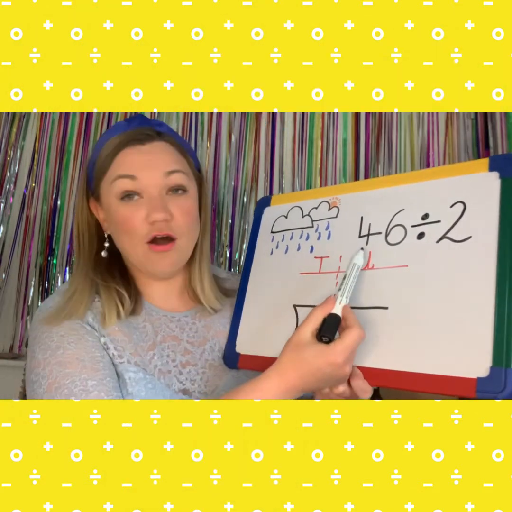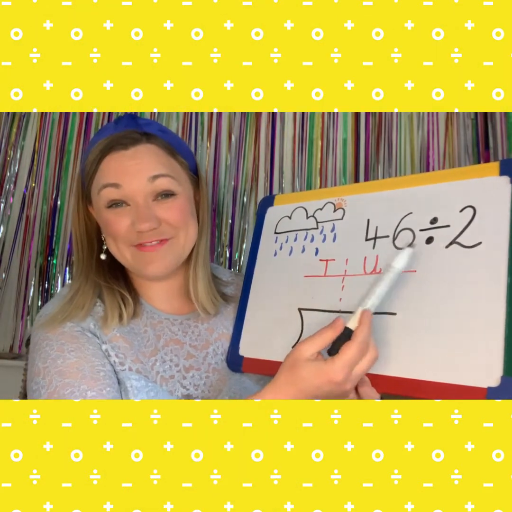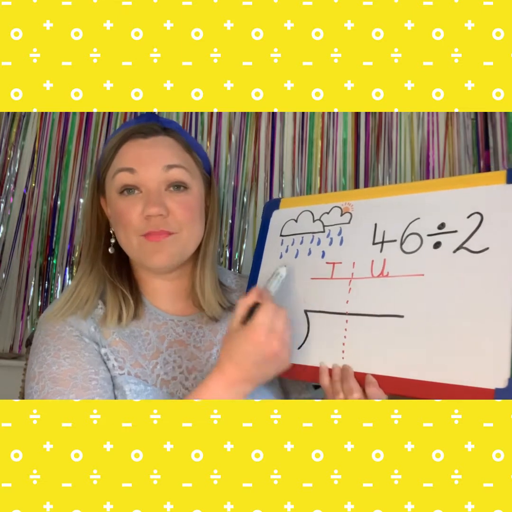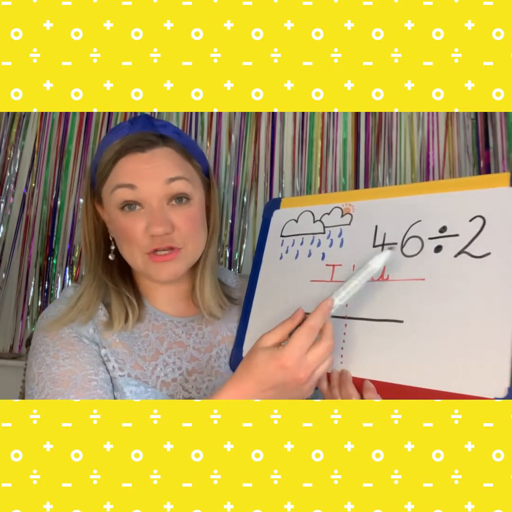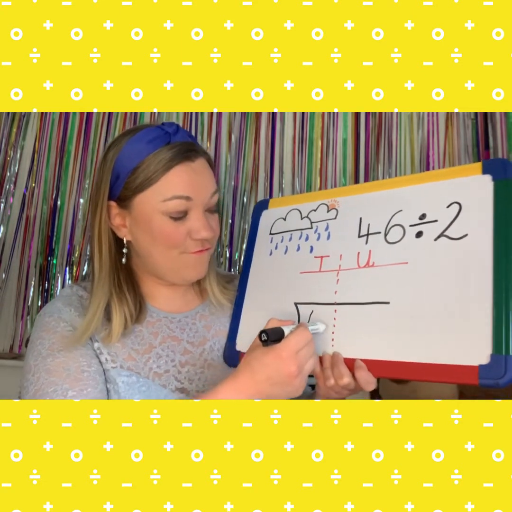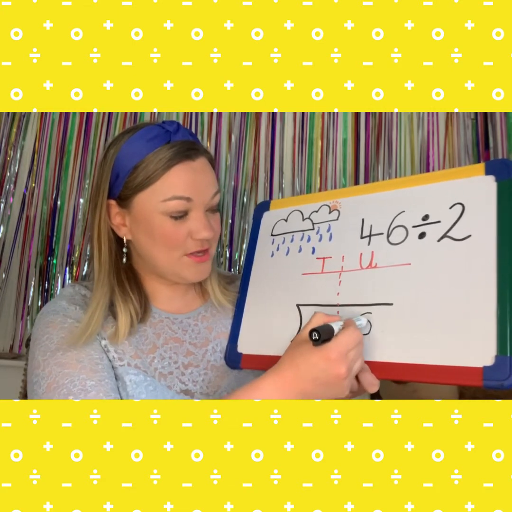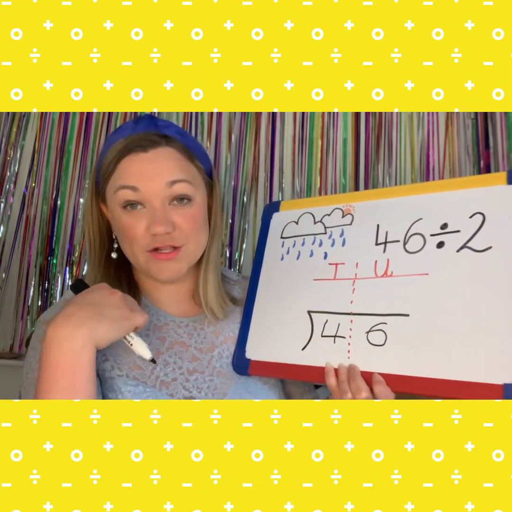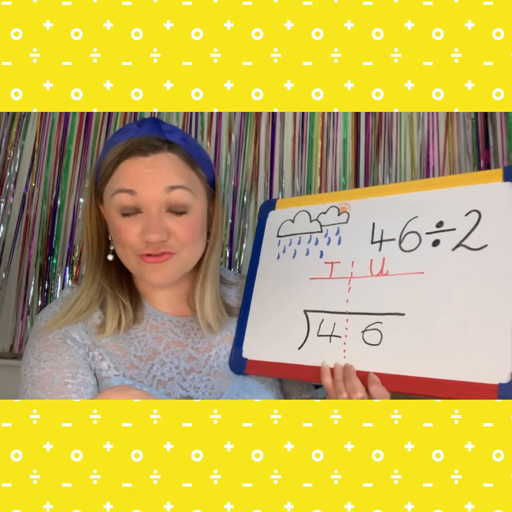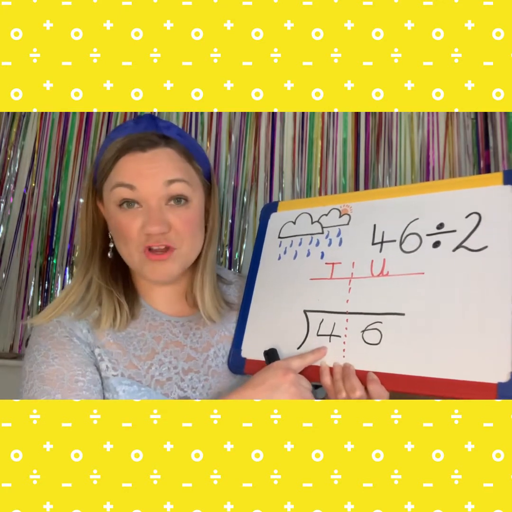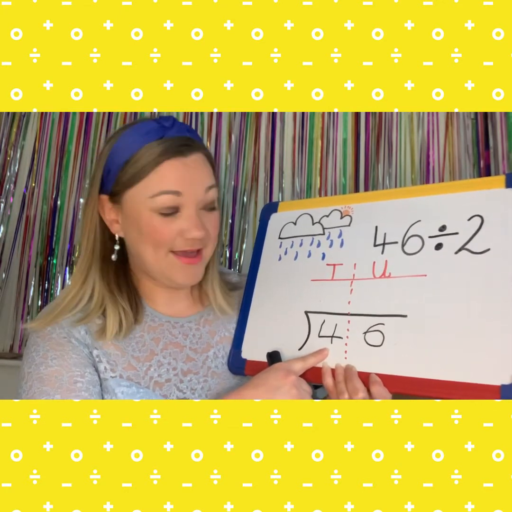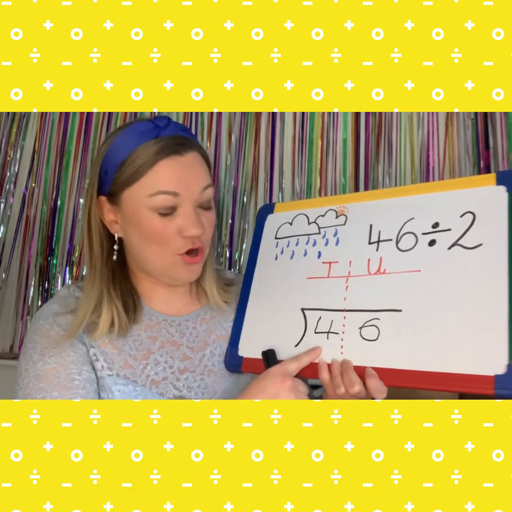So in our example 46 divided by 2, the bigger number is 46. That's much bigger than 2, isn't it? So the 46 goes inside the bus shelter. And you can see, children, the 4, which really means 40, goes in the tens column.